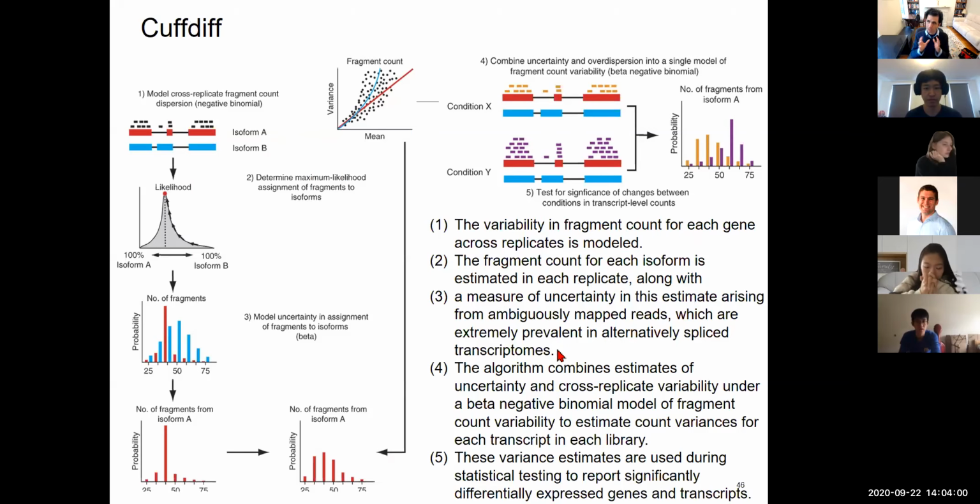So the concept here is that instead of just saying, here's the value, now go figure out differential expression, you maintain that uncertainty throughout. And then the algorithm combines the estimates of the uncertainty and the cross-replicate variability under a beta-negative binomial model of fragment count variability, and then estimates the count variances for each transcript in each library.